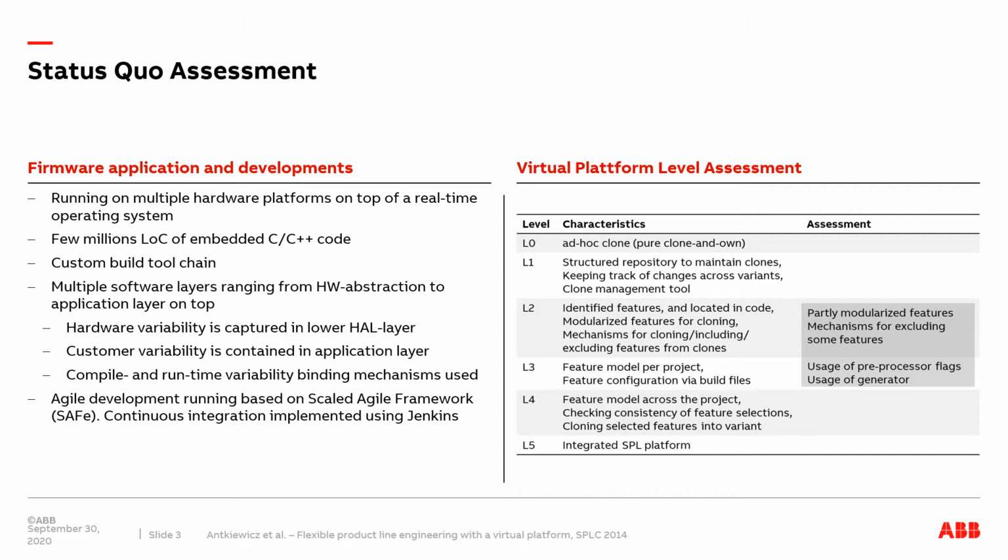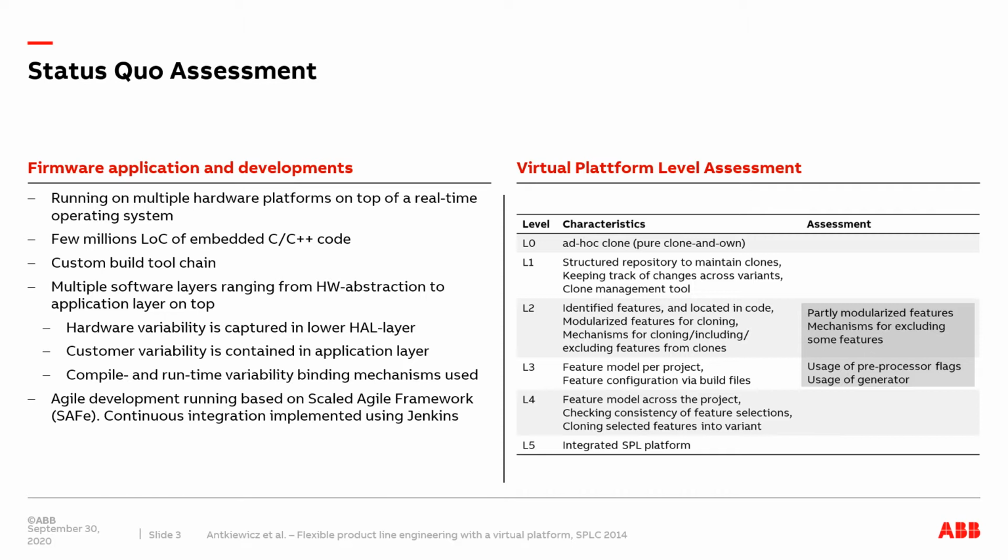At first we tried to understand the status quo of our system based on the virtual platform paper published by Antkiewicz in 2014. We evaluated that our system is somewhere between level 2 and level 3 on these virtual platform levels. We already have modularized features to some extent. They are also pluggable, so you can include and exclude them.